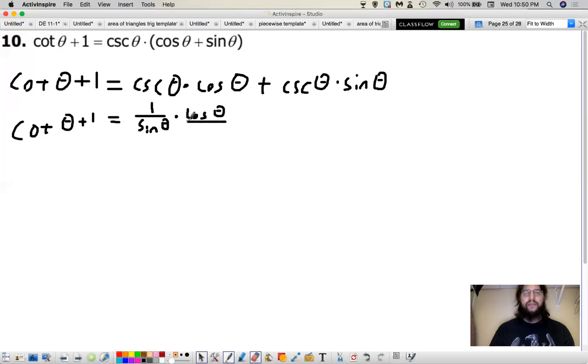Messing with the fraction, make it fractions. Cosecant is again 1 over sine of theta. Oh wow, this one's easy. Sine of theta. Make it a freaking fraction. Cotangent of theta plus 1 is equal to cosine over sine.